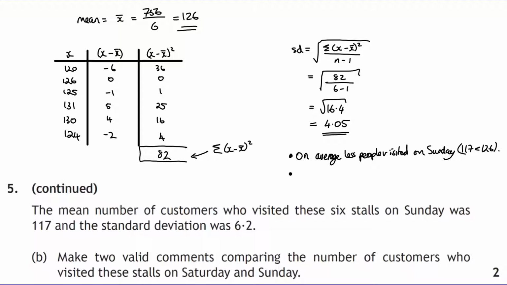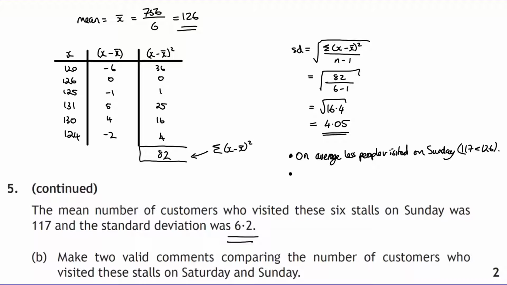The second sentence is comparing the standard deviation. Saturday, the standard deviation was 4.05. Sunday's standard deviation was 6.2. The bigger the standard deviation, the more varied or more spread out the measurements have been.